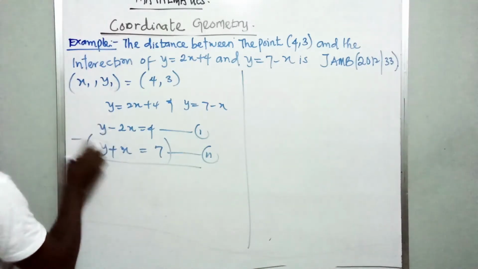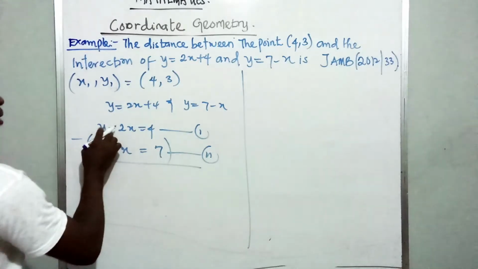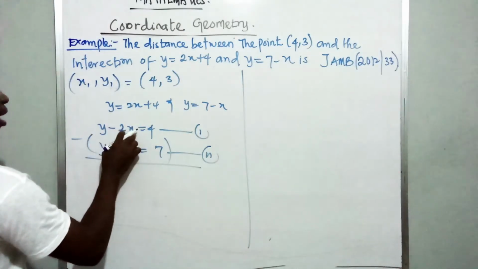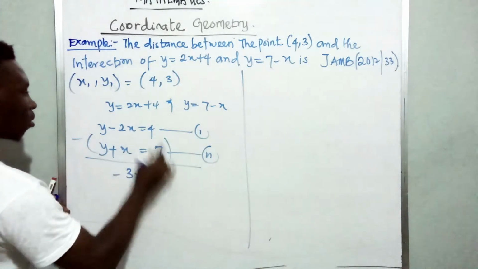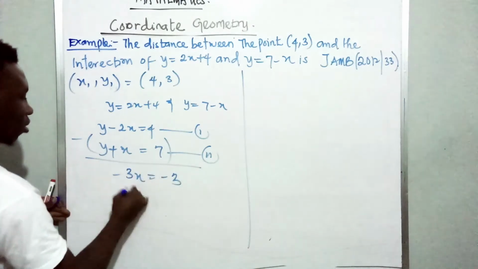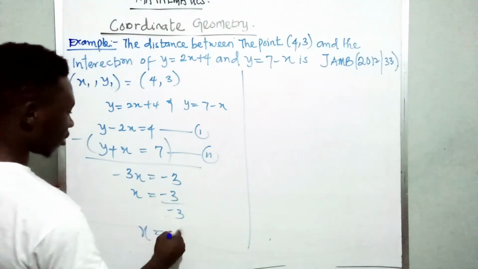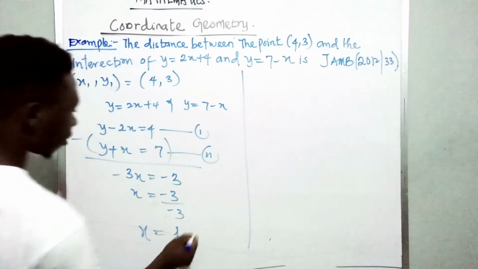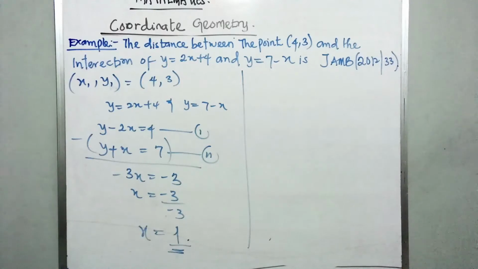So it makes y minus y out. Minus times this, that's minus 3x is equal to 4 minus 7, that's minus 3. So x here is equal to minus 3 divided by minus 3. X here is equal to 1. So I have gotten my value here as 1.